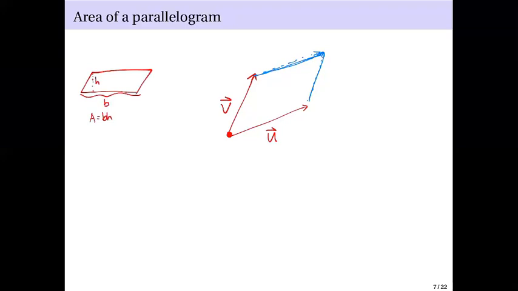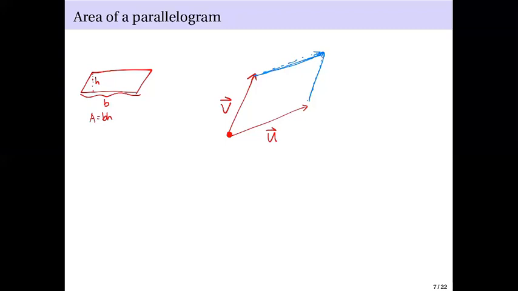So what we're going to do is to look at the height of this parallelogram, and get the height and the length of the vector associated with the base. Suppose this is the height that we want to get.